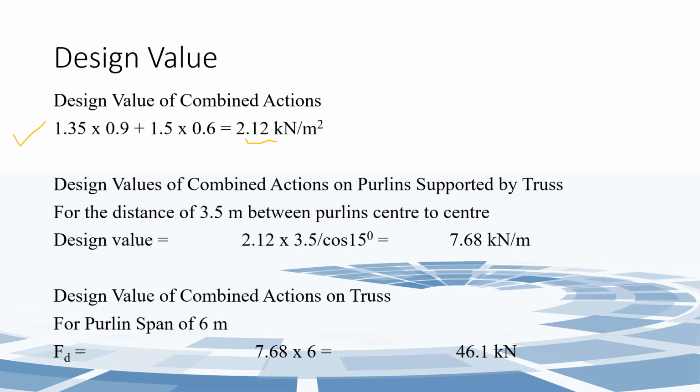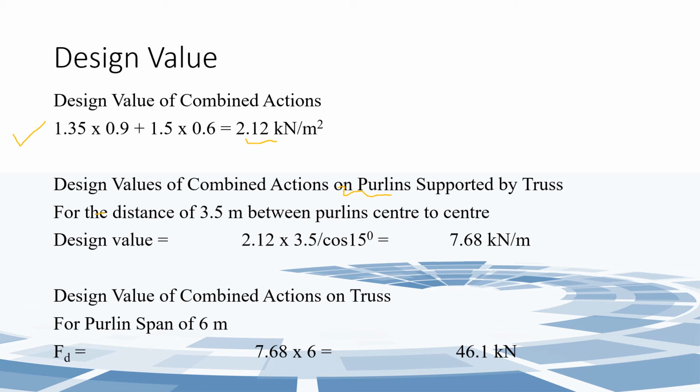Then the design value of combined action on purlins. We need to check the action on purlin supported by truss, for a distance of 3.5 meter between purlin center to center.